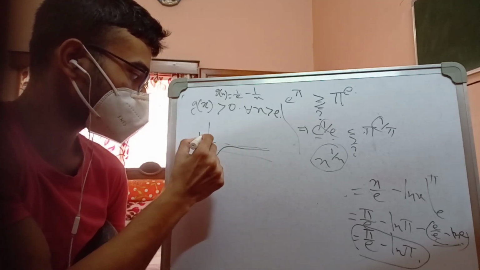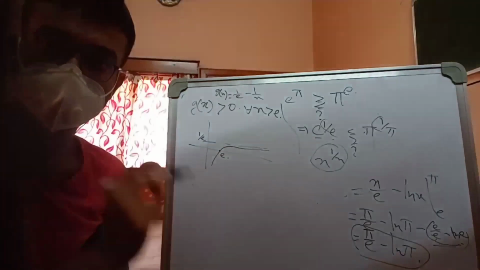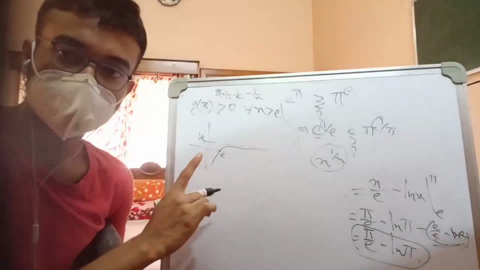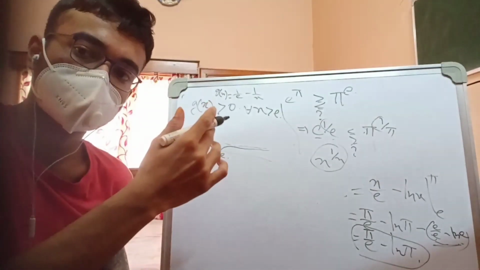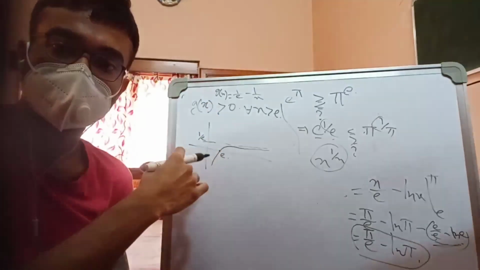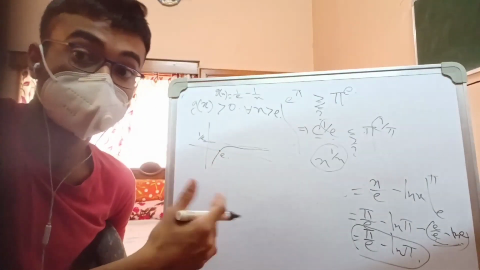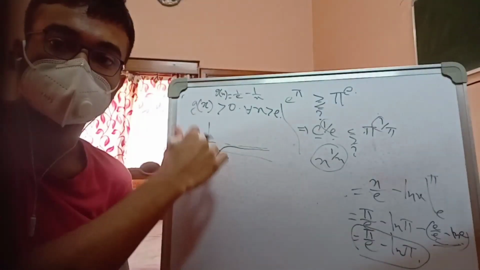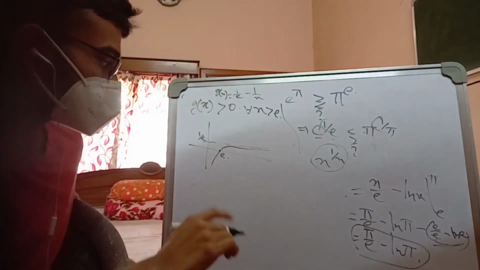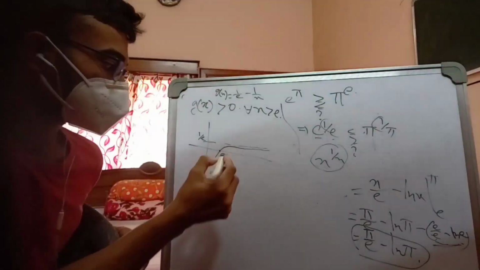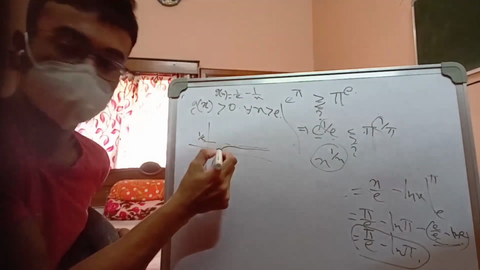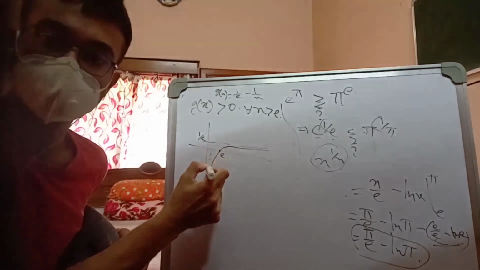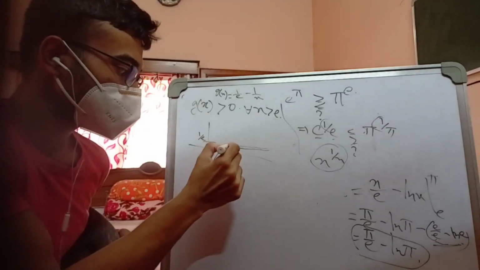This is 1 over e and this is e. How did I find this out? I would make another video to trace curves more efficiently, just by observing. I have traced the curve just by observing. So for x greater than e, this is always positive, as you see, but less than e, this is negative in this position, but no matter.